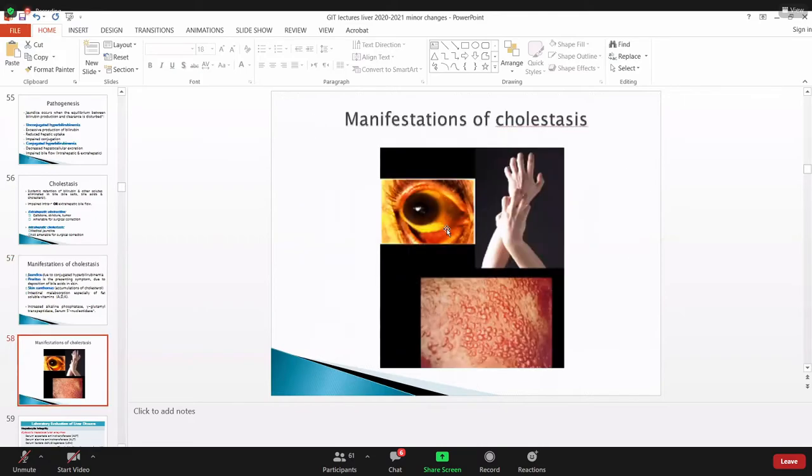Manifestations, as we said: jaundice, pruritus, meaning itching, okay, and xanthomas. These are all deposition of cholesterol underneath the skin, common especially around the eyes, okay. All these manifestations we call cholestasis.